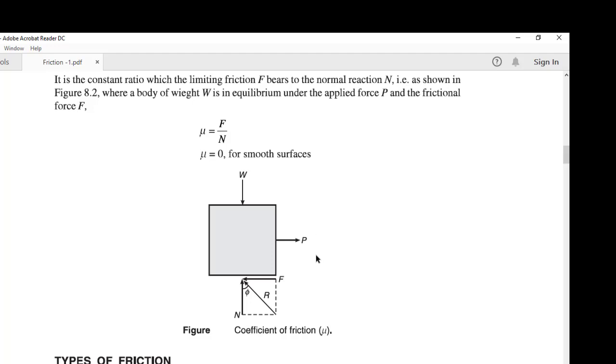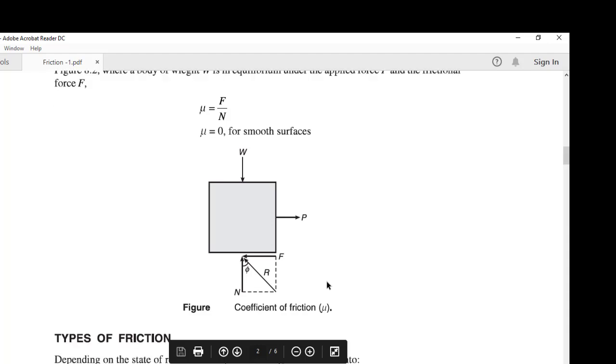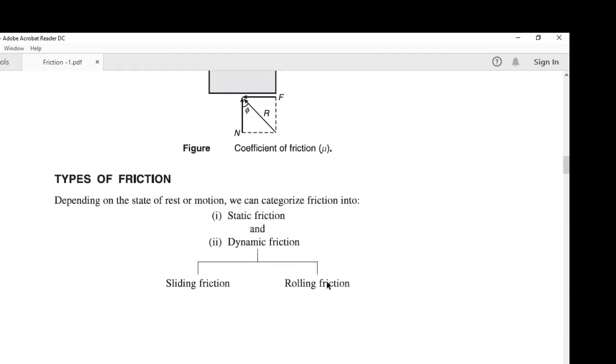In turn, a frictional force is developed acting in the direction opposite to the applied force, that is, towards the left side in this case. There is one more force indicated by the letter R. This is the resultant of the frictional force and the normal reaction. So this is all about the coefficient of friction.